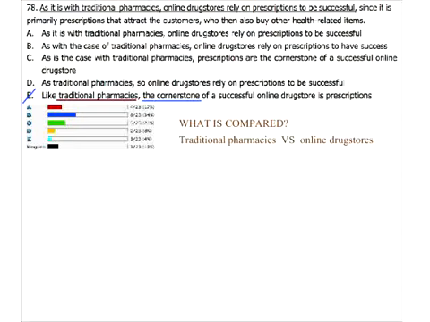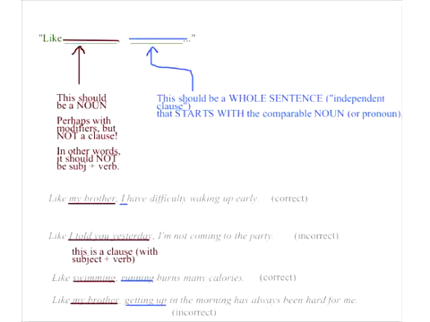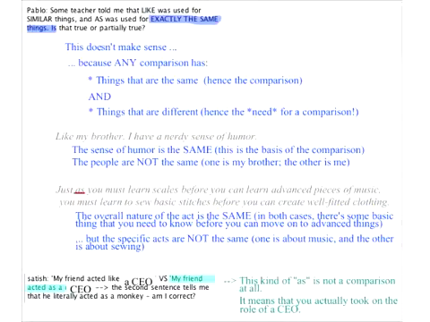Okay. That's the only one with that. There are a couple of other miscellaneous things going on here. If you have as in a comparison, let's review what we said about that. A clause is something with a subject and verb of its own. It's like a sentence. In comparisons, as should be followed by a clause with subject and verb.